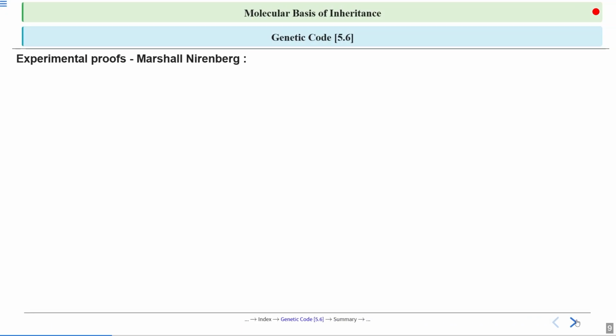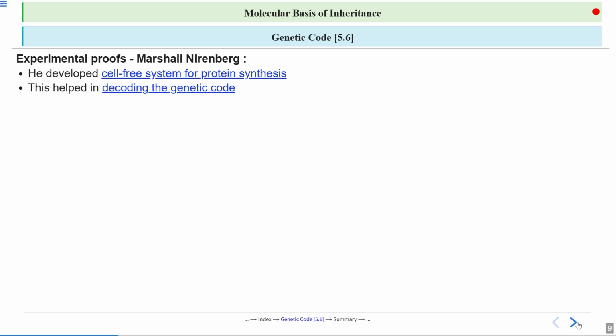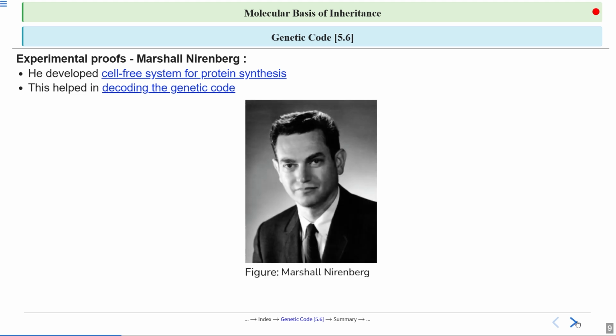Then Marshall Nirenberg, what he did, he developed a cell-free system for protein synthesis. This helped in decoding what? Genetic code. So I am not going very deep. You just know these important terms, like what they did. If we talk about Hargobind Khurana, what he did in this, he made the RNA molecules with these repeating nucleotides, that is uracil and cytosine.